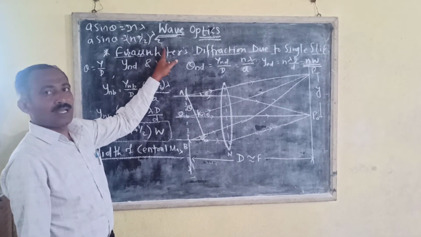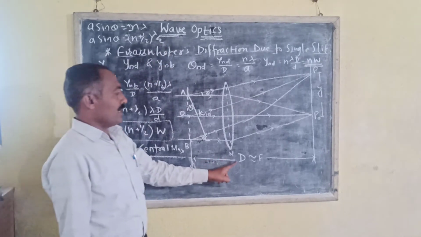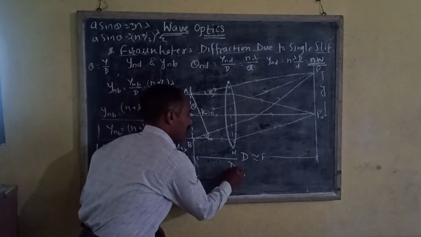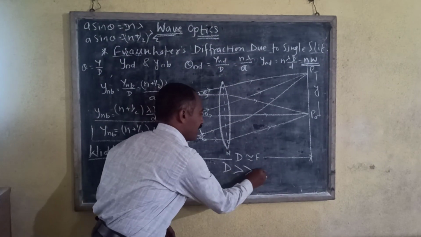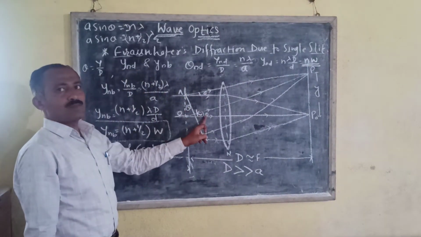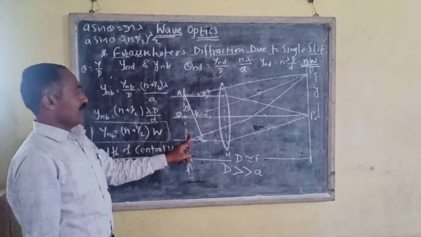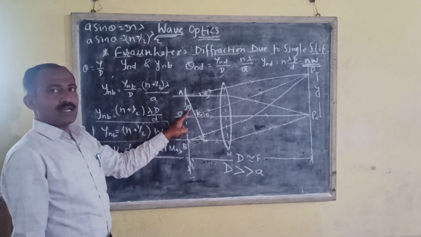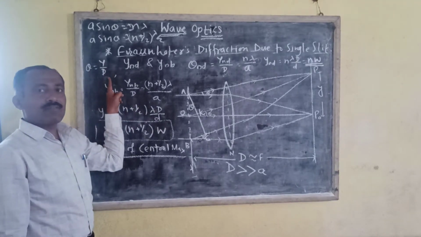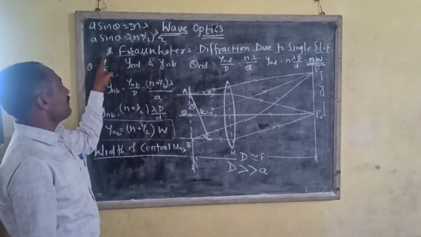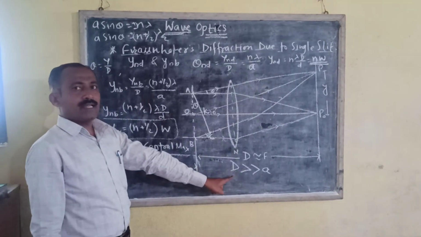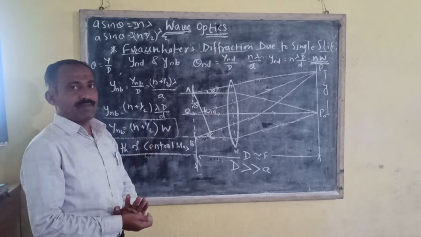As the distance capital D is very large compared to the small a, that is D is greater than a, the angle theta is very small, and therefore from the figure we can write sin theta equal to y upon D, or sin theta is written as only theta, therefore theta is equal to y upon D, as D is greater than a and theta is very small.